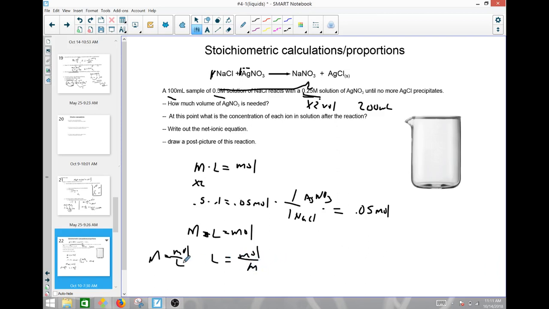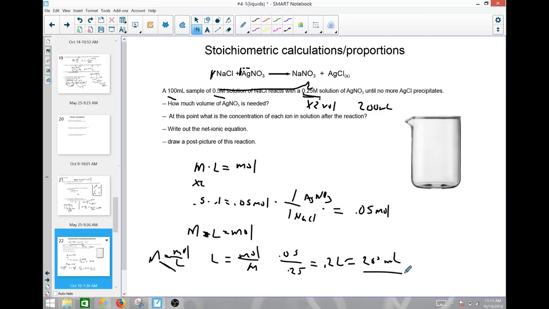So I just swap these two. Moles is 0.05. The molarity is 0.25. Divide out 0.05 divided by 0.25, and I get 0.2. And of course, 0.2 liters is equivalent to 200 milliliters.